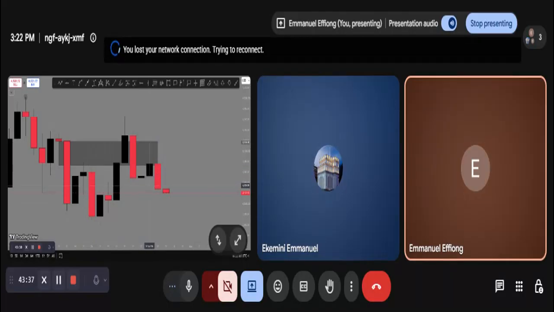So now this was yesterday's candle, today's candle, and then this was yesterday's candle. As we have this now, what will you be thinking? You'll be looking for price to come inside here, right?